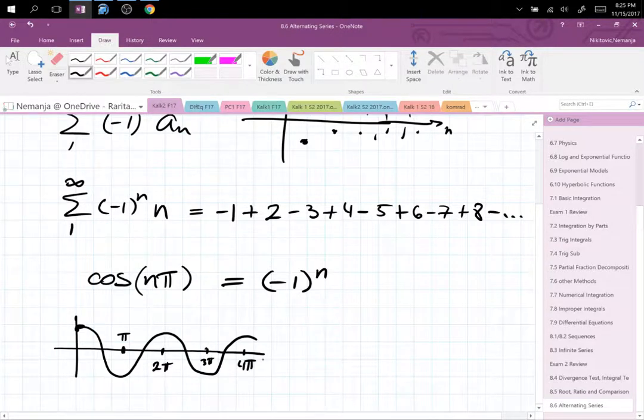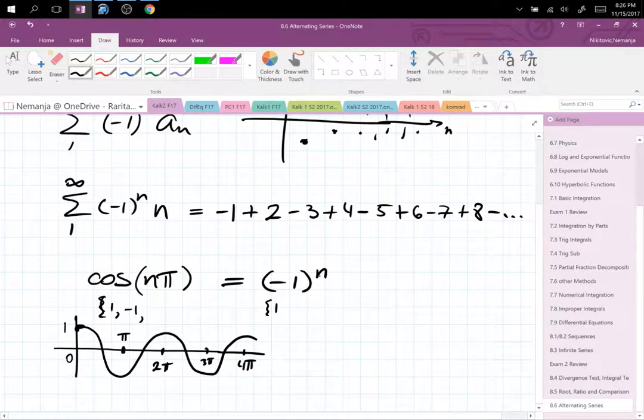So what happens? At n equal to 0, you have 0 pi, and cosine of 0 is 1. Well, -1 to the 0 is 1. So they both start their sequence with 1. Then the next term is n equal to 1, so cosine of pi is -1.